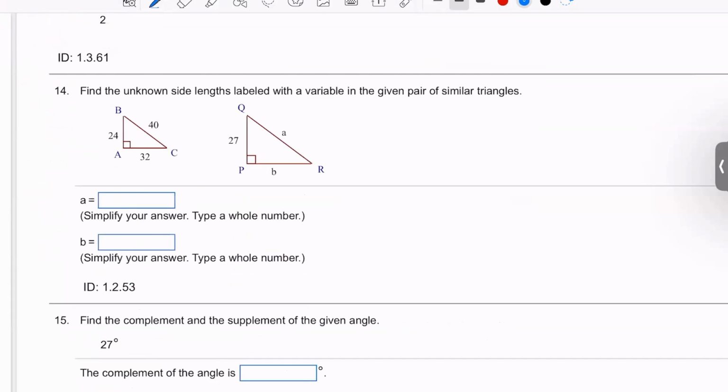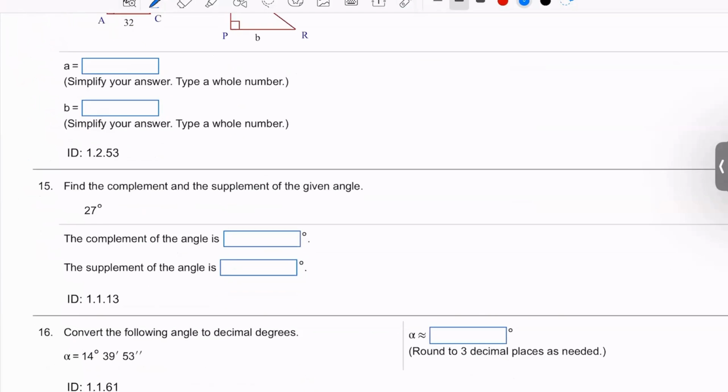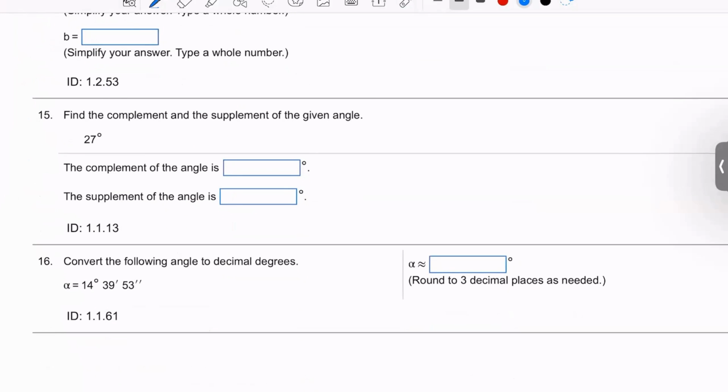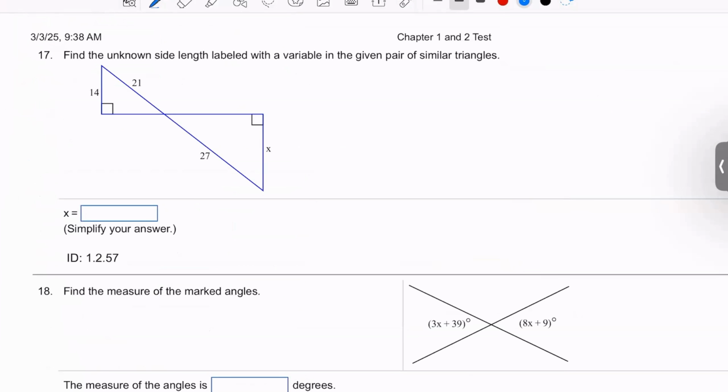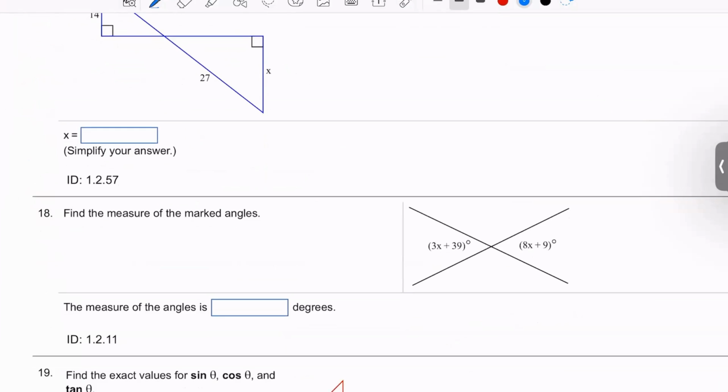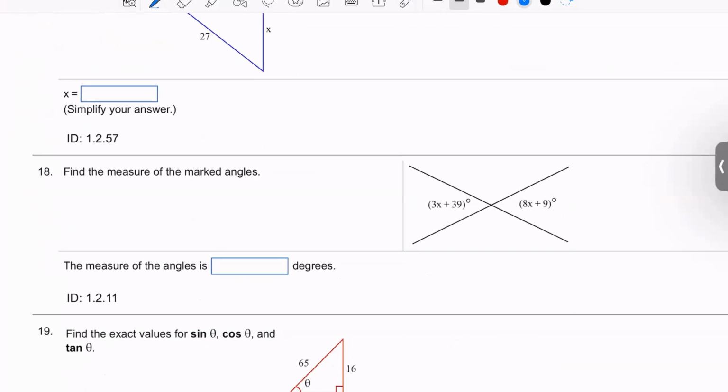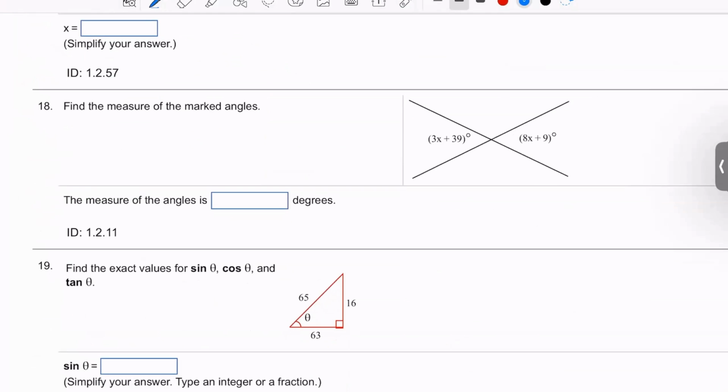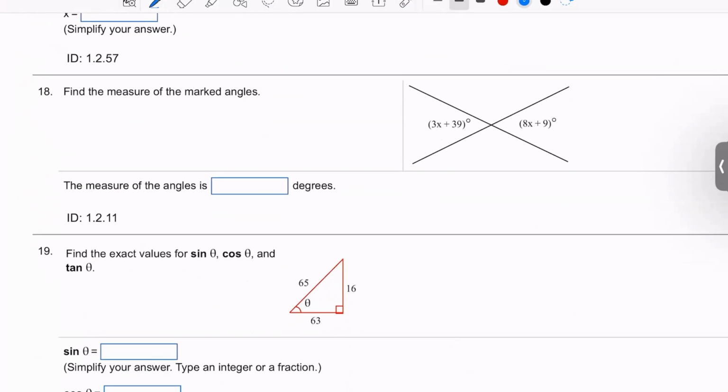There's a few that I already went over in the other video, some things that you know that should be pretty simple for you. The complement and supplement of an angle. I went over ones like this already, vertical angles, sine, cosine, tangent, you know how to do that.